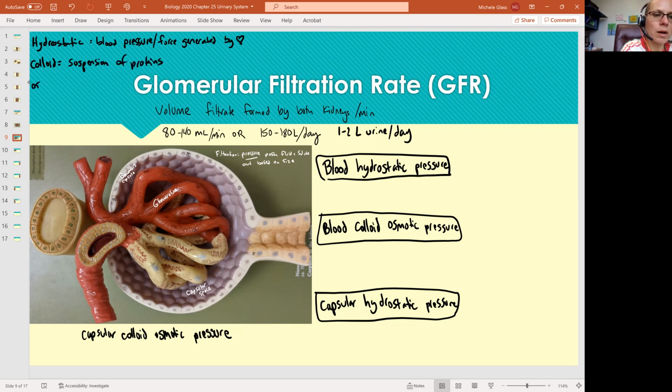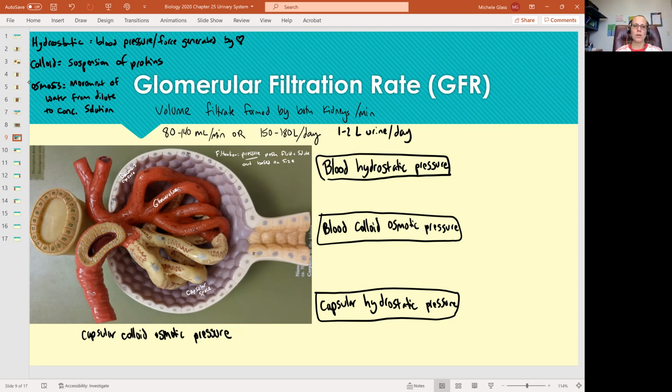And then whenever we talk about osmosis, that's the movement of water from a concentrated to dilute solution. I said it backwards. Dilute to concentrated.